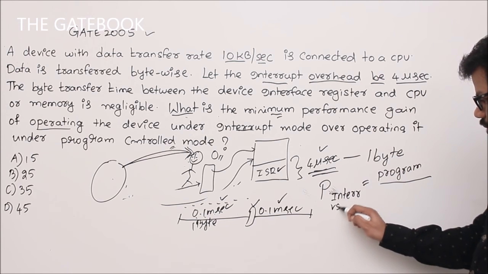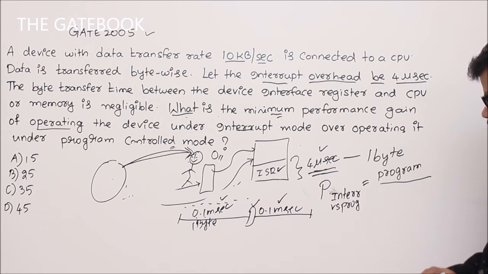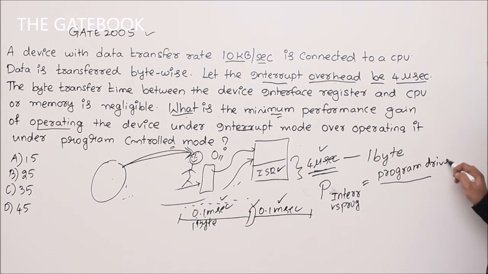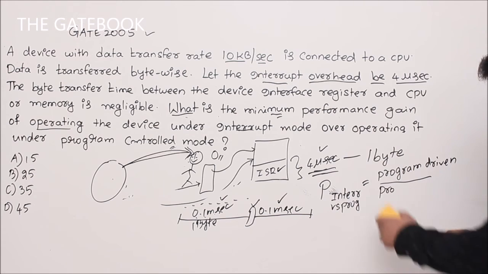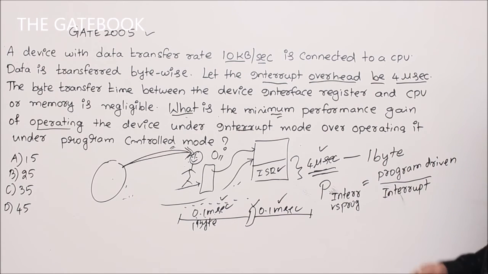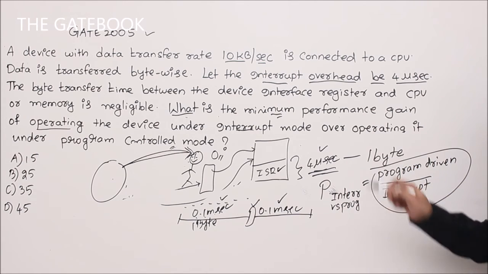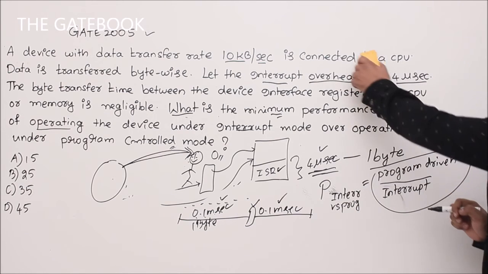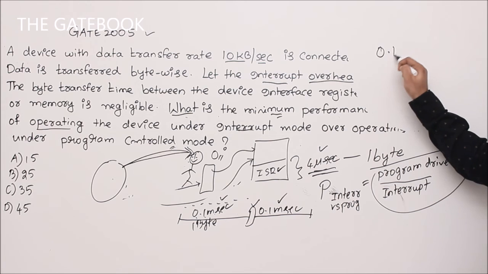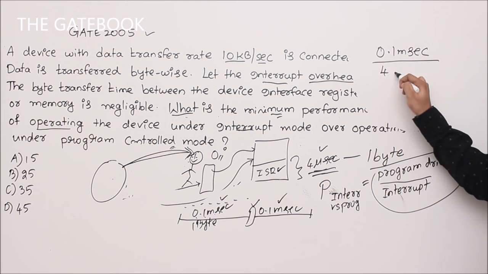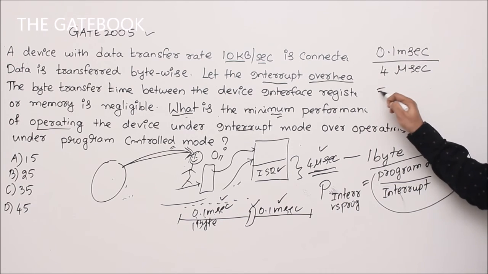So if you want to know the performance benefit, find the time required in program driven and divide it by the time required for interrupt driven. For 1 byte we can calculate, because the number of bytes is not given. To transfer 1 byte in program driven, how much time is spent? Let me write here, 0.1 millisecond, divided by, in interrupt driven, the overhead of 4 microseconds. If you divide it, you get the performance gain.